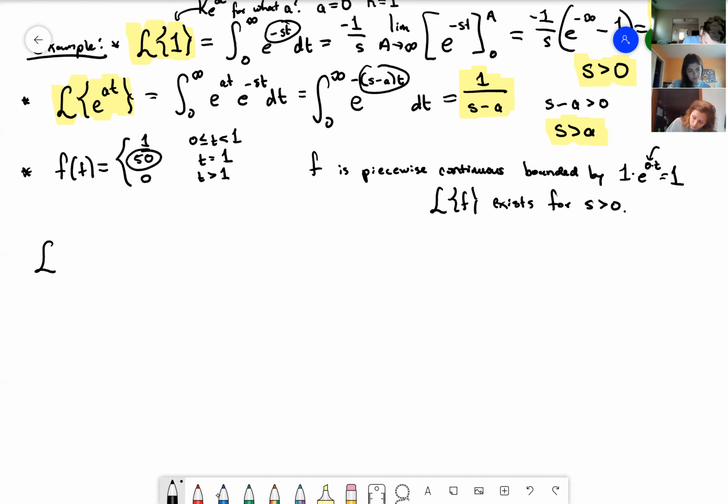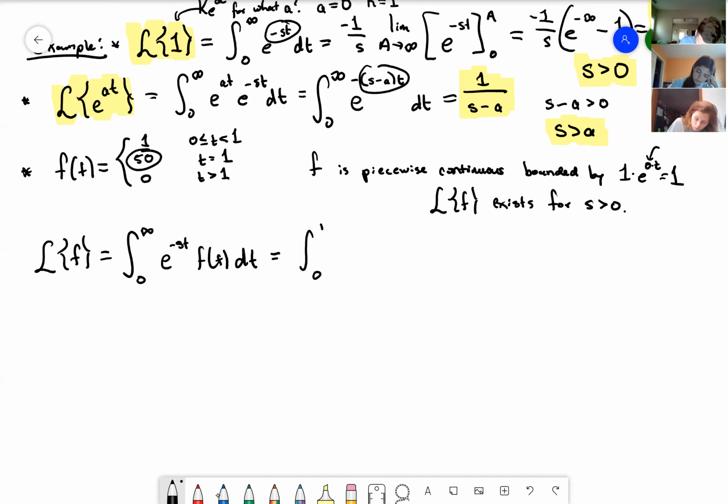So the Laplace transform of f is equal to the integral from 0 to infinity of e to the minus st times f(t) dt. We'll split this up along the points that we break up our interval. So this is the integral from 0 to 1. Now on that region, this function is just equal to 1.